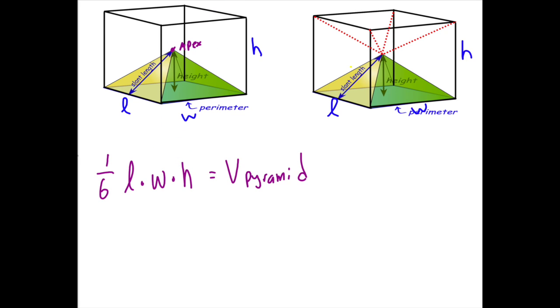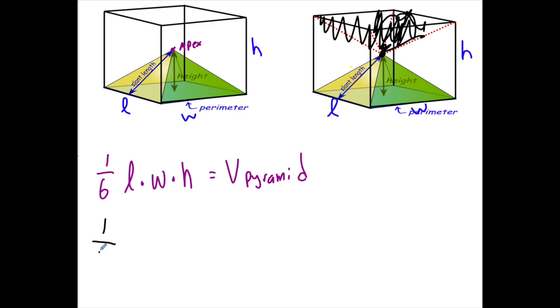All right. So, as it turns out, because of the way we've designed it, if you imagine this other prism stacked on top, so they meet at this one point, what you can see is that the height of this pyramid is half the height of the entire prism, right?